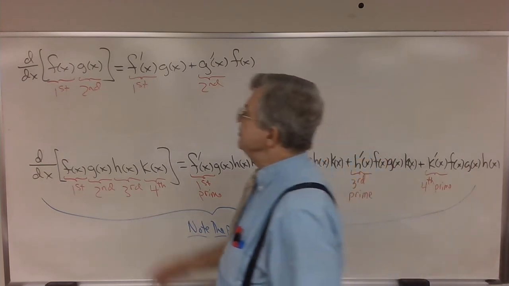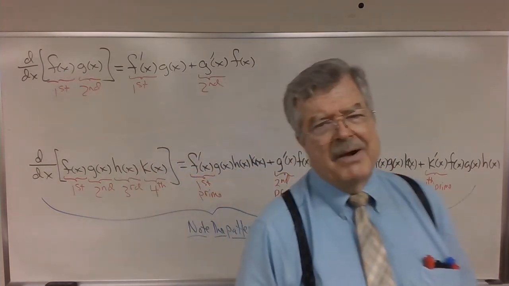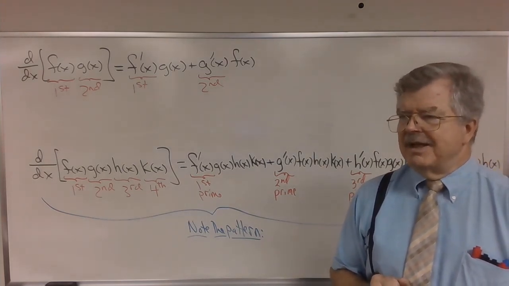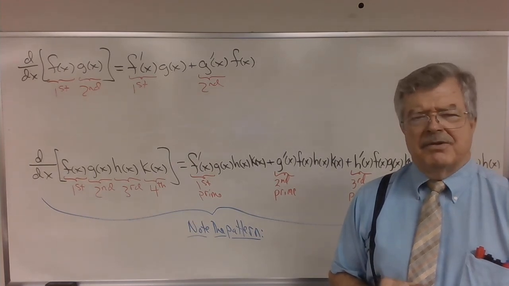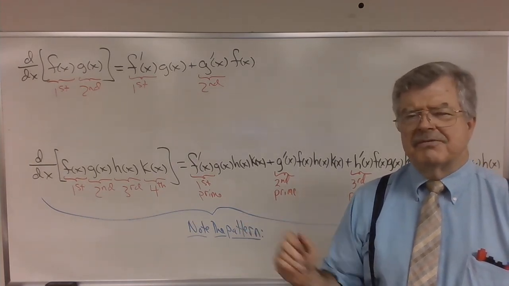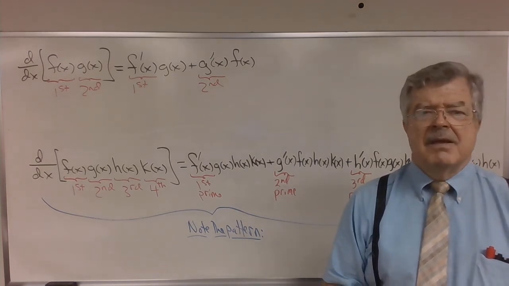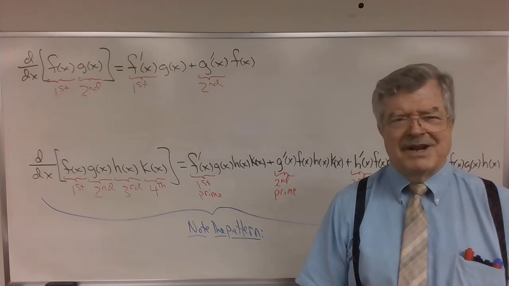It's just that with two functions, it didn't really jump out at us. Now, we've discussed how to compute the derivative of the product of three functions or the product of four functions. But we haven't actually done an example, so I guess that's the next step.